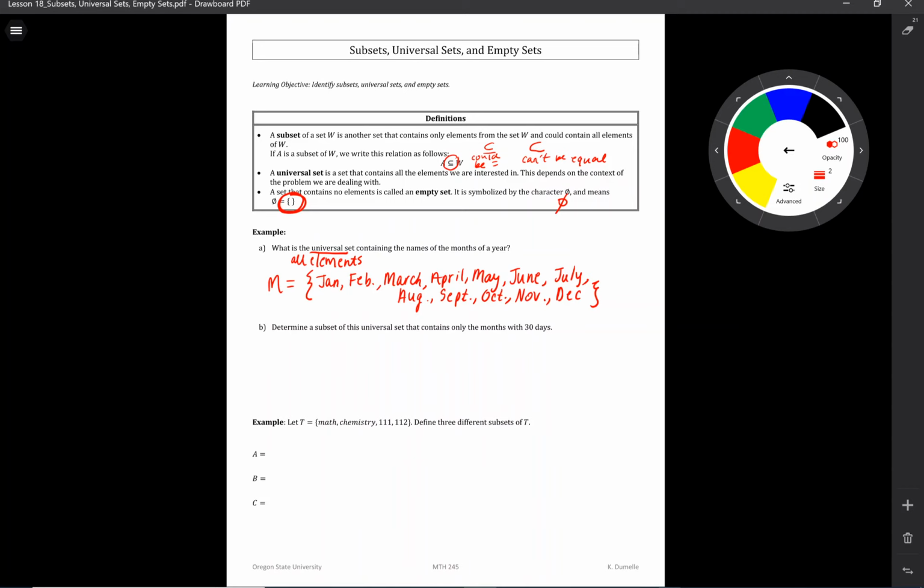Next, we want to determine a subset of this universal set that contains only the months with 30 days. So I'm going to call this T for 30. So which of the months contain 30 days?